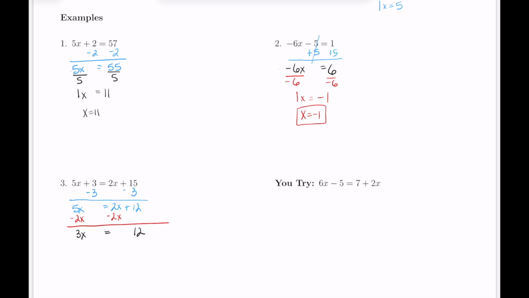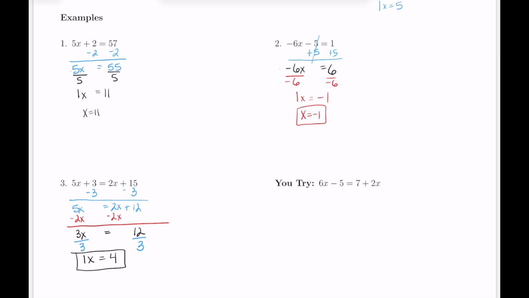After that, I'll choose to divide both sides by 3. And then I get 3x divided by 3 is 1x. That's what we wanted. And 12 divided by 3 is 4. So I get 1x equals 4. Or you could just say x equals 4. That's fine as well.